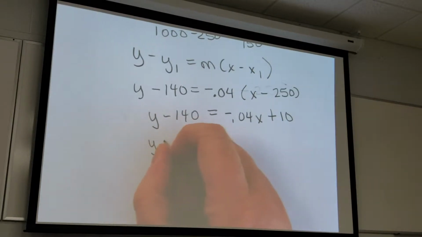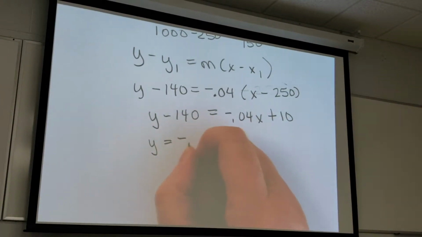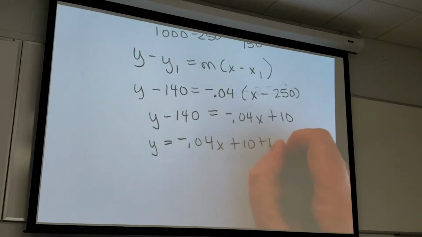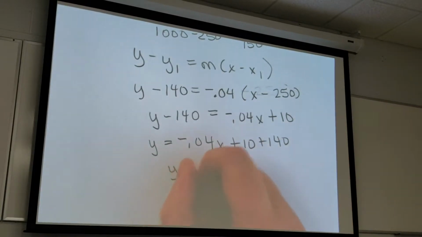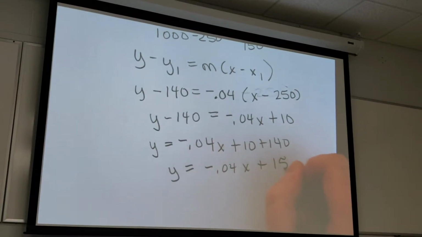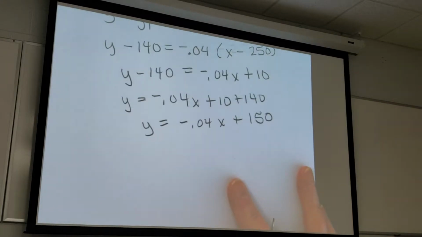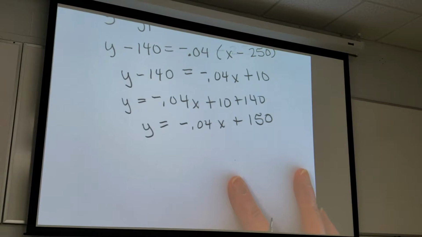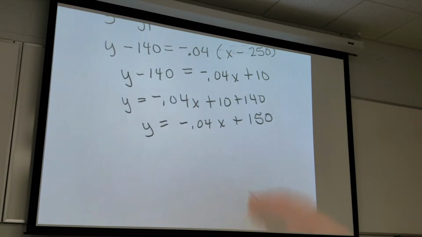So y is gonna equal negative 0.04x plus 10 plus 140. So y is equal to negative 0.04x plus 150. Now, if you had used y2 and x2, it would have come up to the same equation. Okay, you can't change the values. Now, here's my demand.